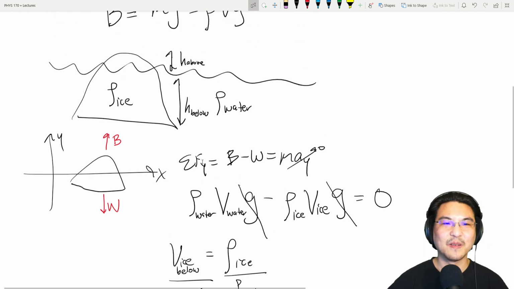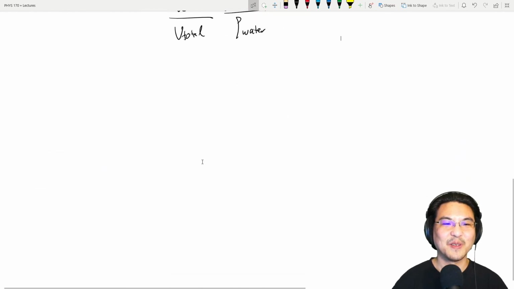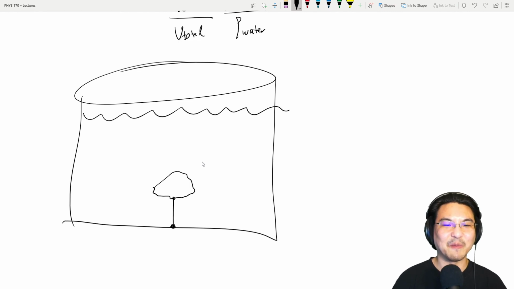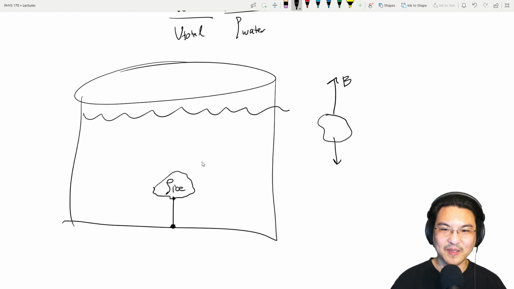And then maybe for practice, what if you have the tank of water and you had some ice cube, or a block of ice, connected by a string to the bottom of this tank, and we know the density of this ice. Could you solve for the tension in the string? What would the free body diagram look like? There's buoyancy going up. The ice itself has weight, and there would be tension in the string.